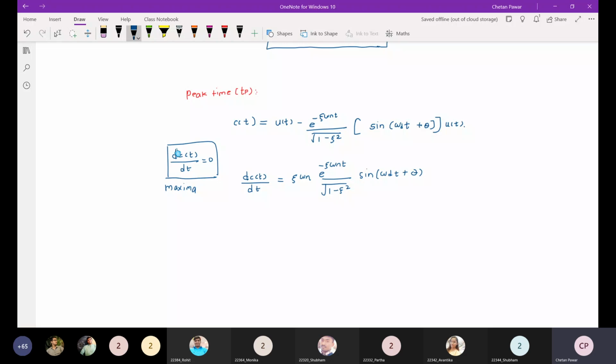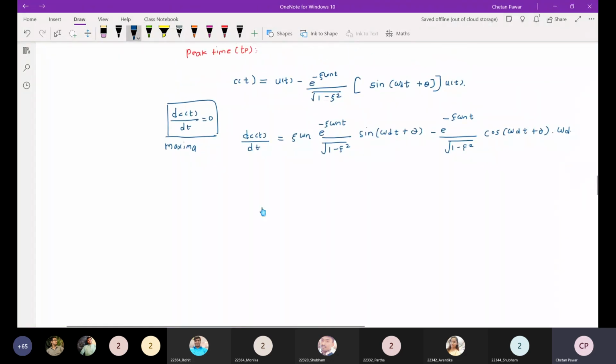Then tell me. Okay, equate with 0. Okay, and then simplify it.